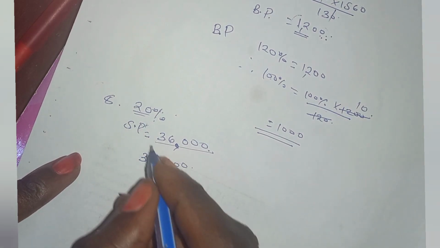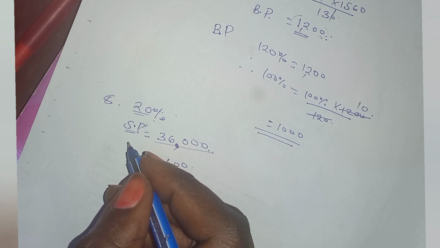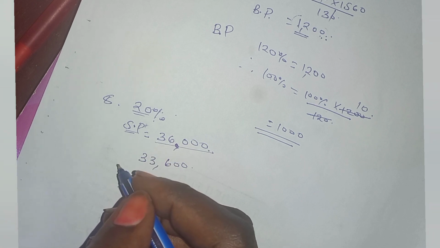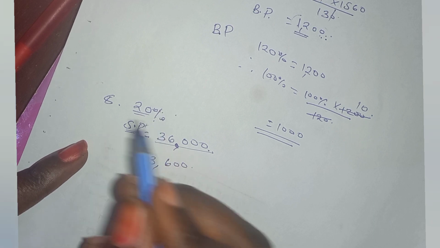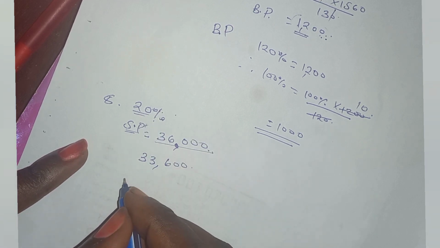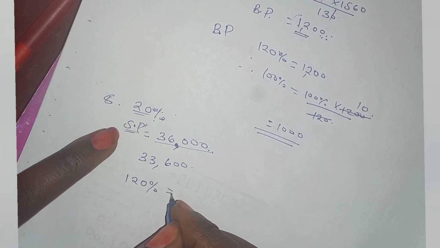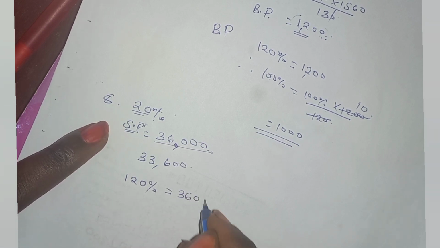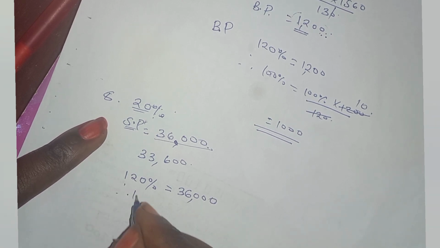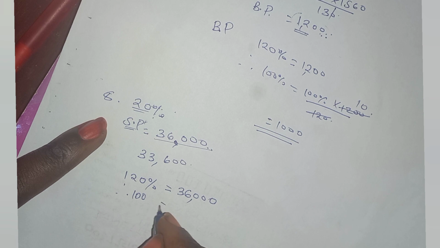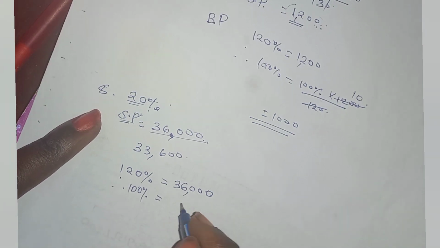Because this is a profit sale, meaning a sale that resulted in a profit, we take that percentage profit and add to 100. That one will be 120%. So 120% will represent the selling price. If we want to get the buying price, buying price will be 100%, because now it doesn't have the profit yet.